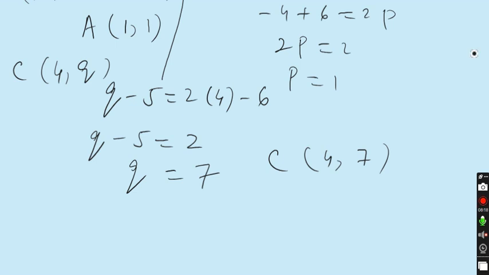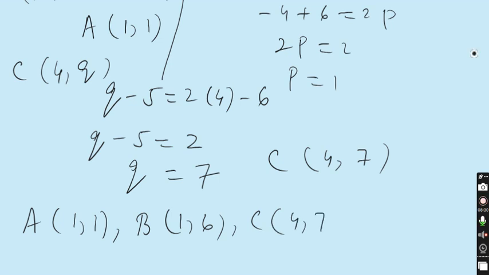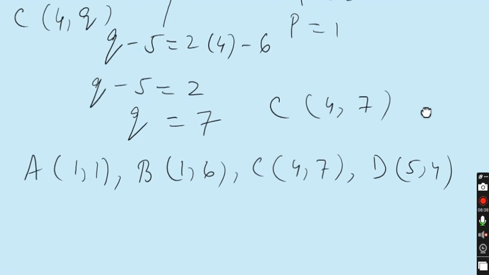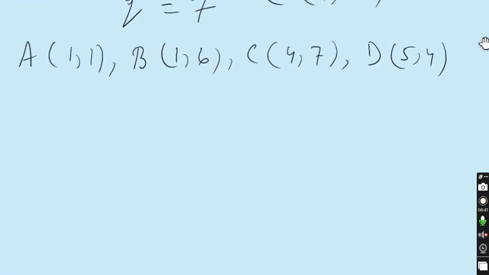Now we have to find the area of the kite. The coordinates of A are (1, 1), B is (1, 6), C is (4, 7), and D is (5, 4). So we will not use the formula for the area of a kite.